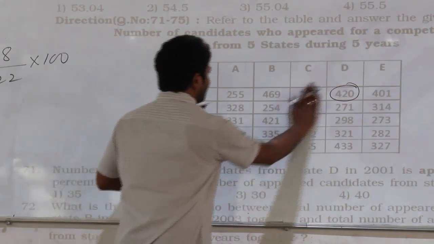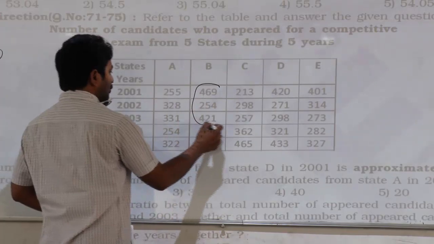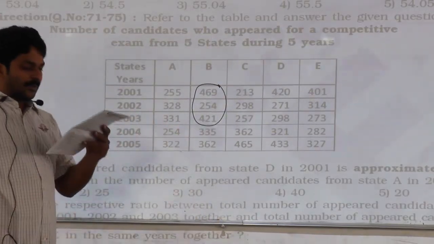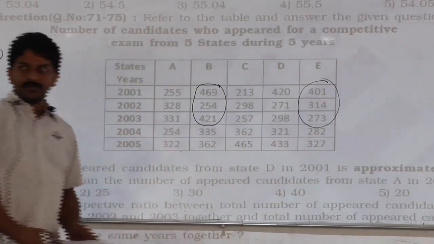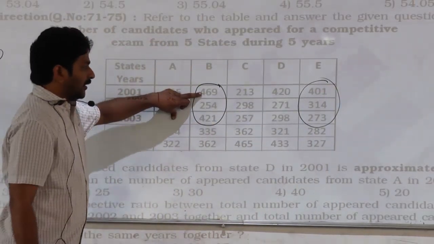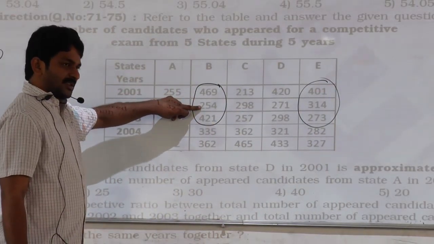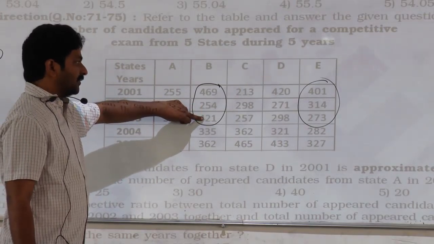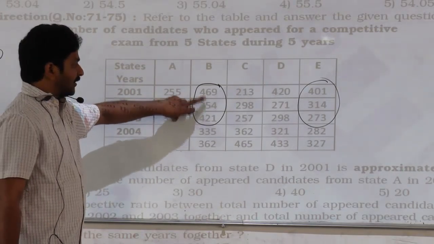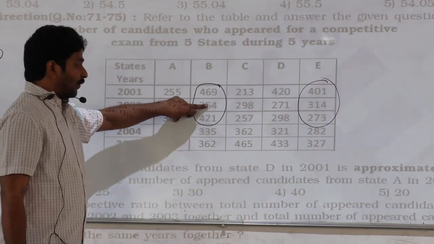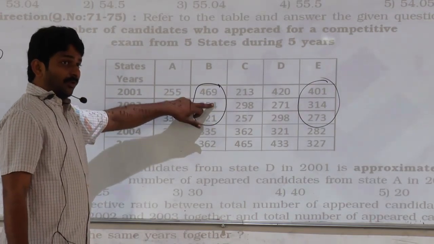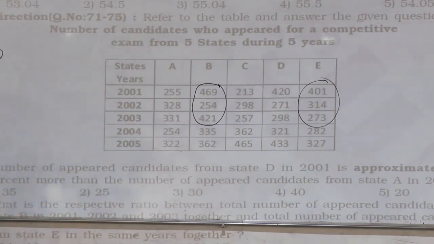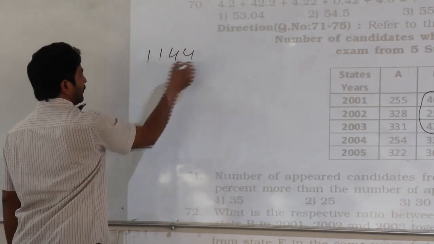B in 2001, 2, 3 and E for the same years. 400, 200, 600, 400, 1000. Round figures. 60, 50, 110. 110 plus 20, 130. 144. After 1000, we have 144. Divided by.